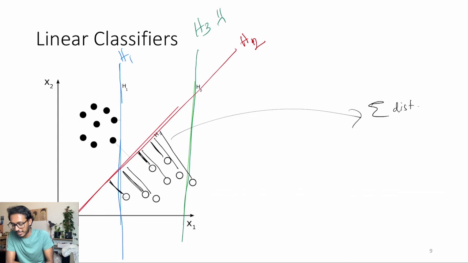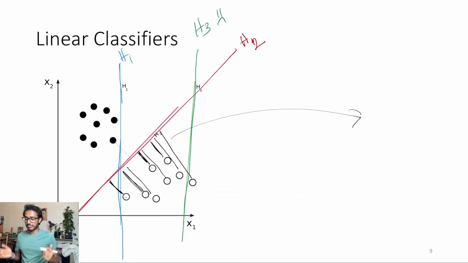Not the summation, excuse me, we take the variation of the distances, and the higher the variation, the worse the model.